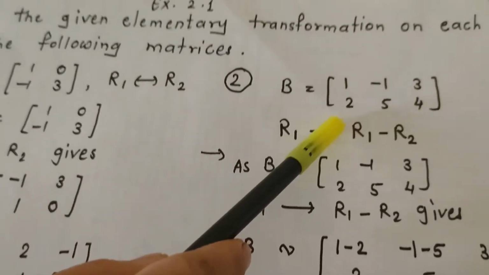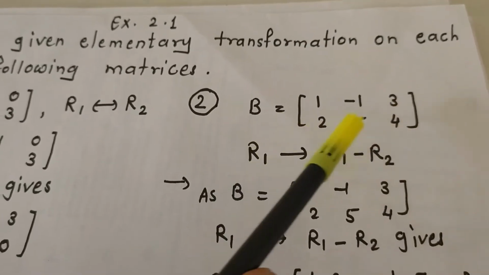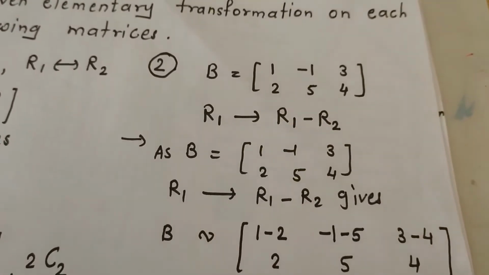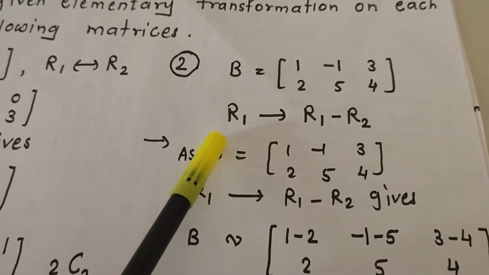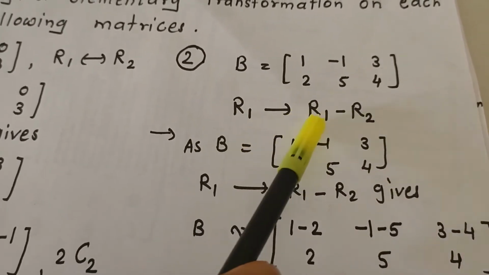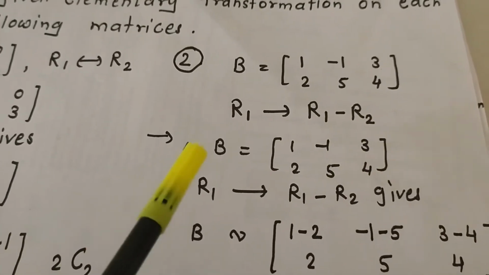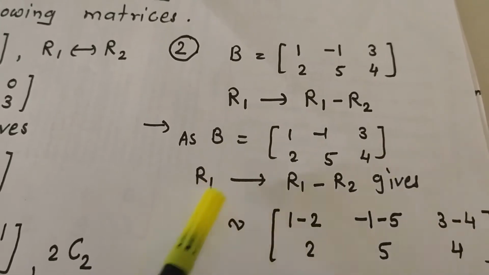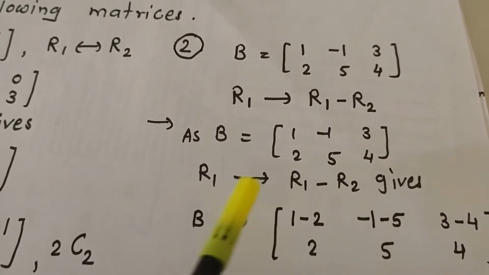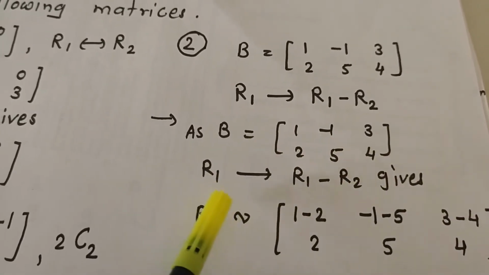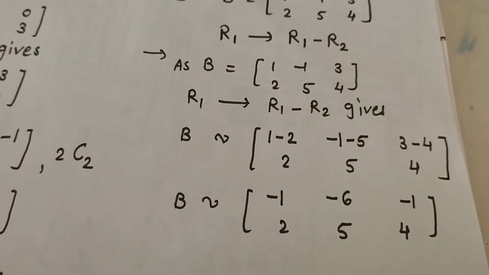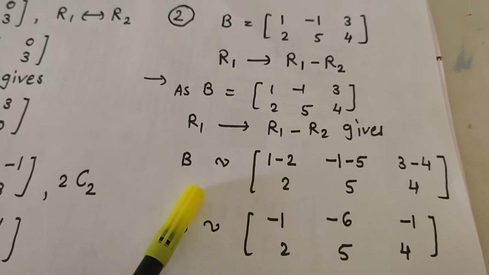Let us see the second example. If a matrix B is given and the transformation is change in R1 such that R1 minus R2. Now in the solution, write the given matrix and the given transformation. By writing the given transformation, change in R1 such that R1 minus R2 gives a new matrix.